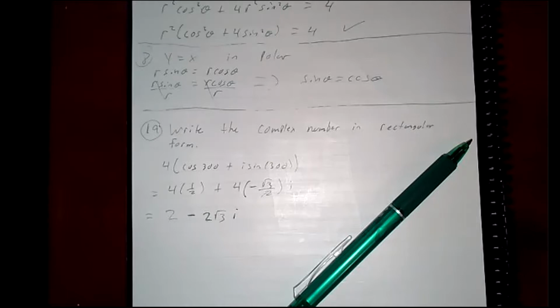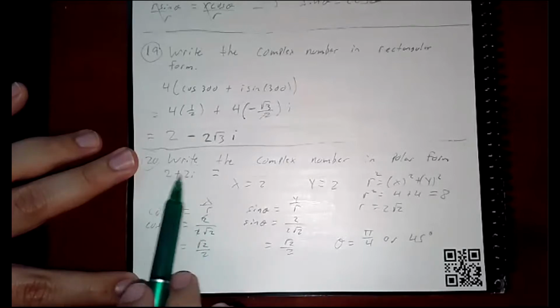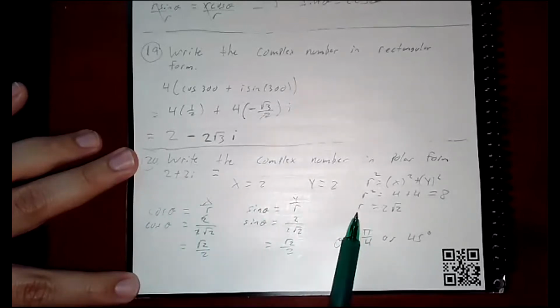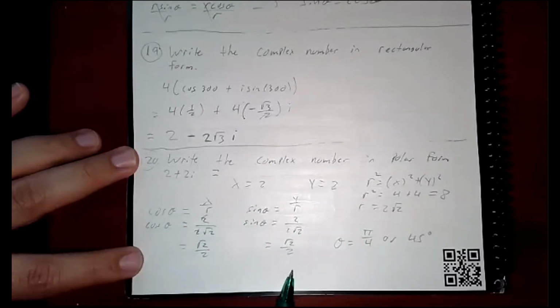All right. So the answer would be simply, after you change it to x and y, you find the r, and you use the cosine and sine definition to help you find the theta. So this happens at pi fourths.